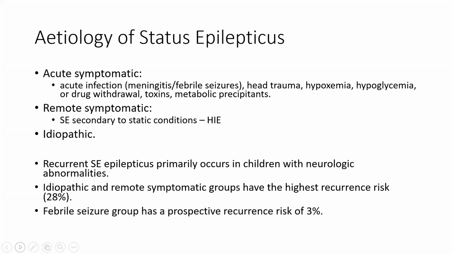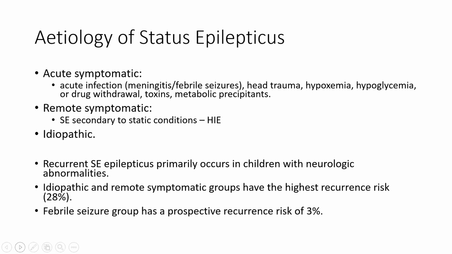The reasons for us to know about the etiologies are important because we know that recurrent status epilepticus commonly occurs in children with neurological abnormalities, and you know how to manage them in future. This includes providing them with a written action plan to present to the hospitals in case they present in status epilepticus.